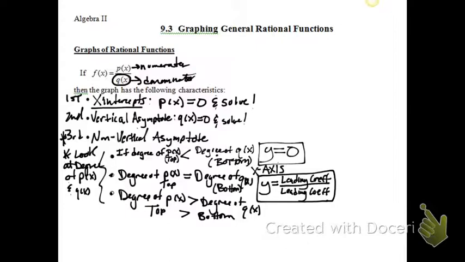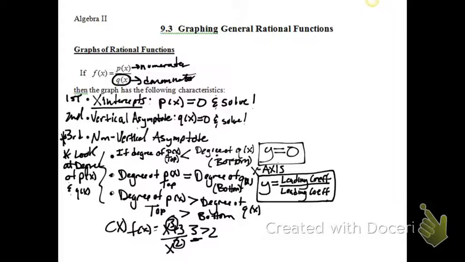For example, as we'll see in later graphs, if I had f of x equals x cubed plus 3 over x squared, you can see the degree of the top is 3, which is greater than the degree of the bottom, 2. But it's only bigger by 1 unit.